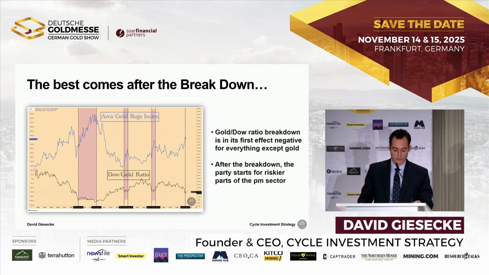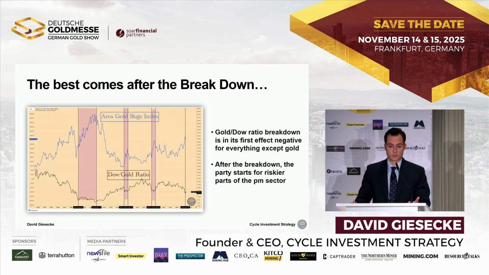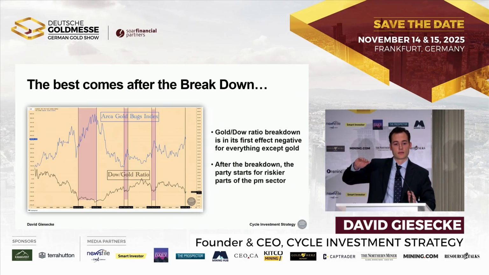We also saw it in 2016 to some extent in a shorter form. The Dow to gold ratio broke down, consolidated, and we saw equity flows going into the riskier parts of the sector. And also the recent one in 2020, the Dow to gold ratio broke down, consolidated, and we saw those flows in the riskier parts of the cycle.